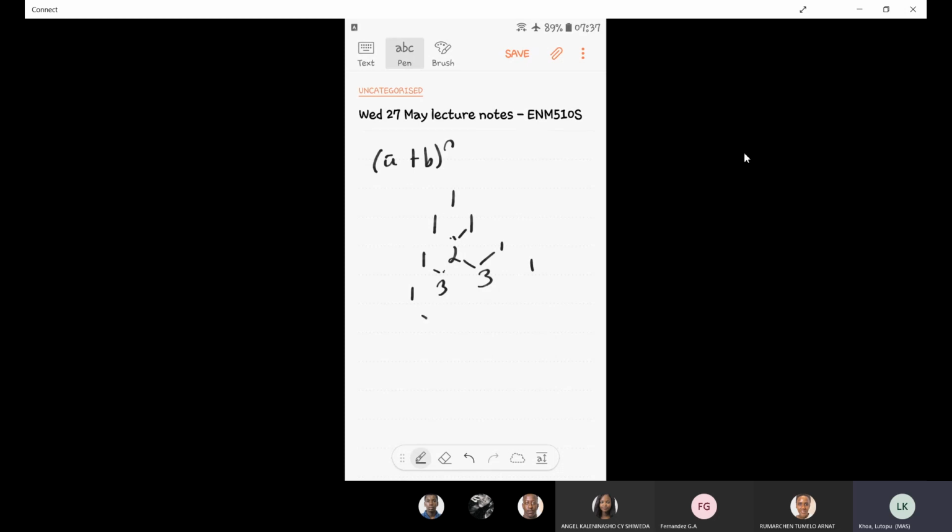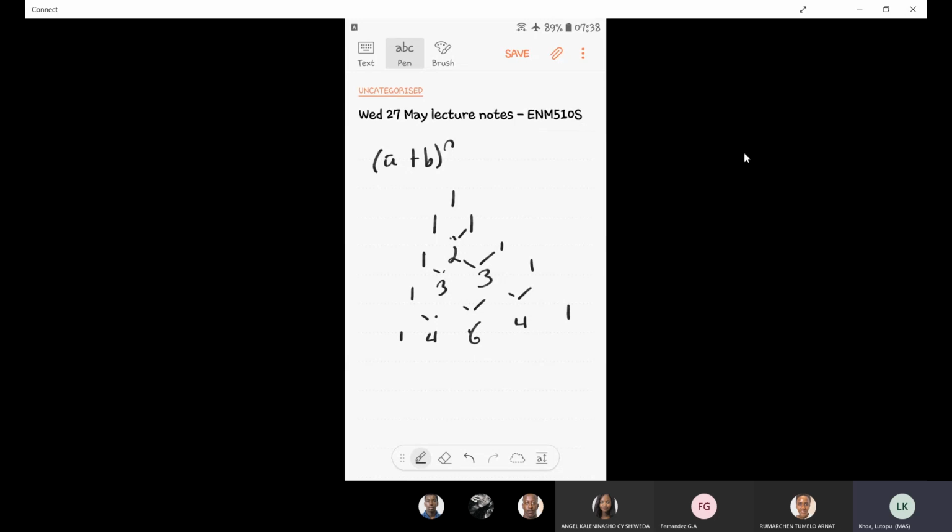So if I want to get this number here, it's 4. That one is 6. It's 4, and then a 1 at the end, and it forms like a triangle. These numbers are the coefficients in the expansion.